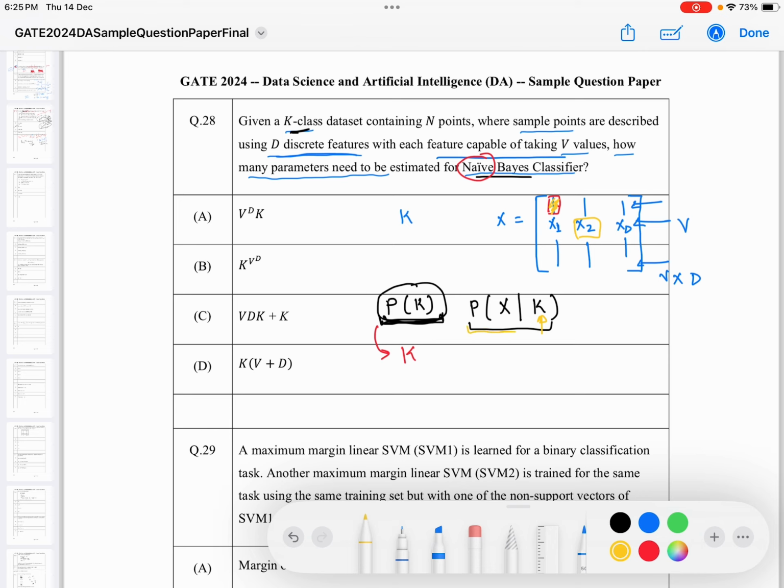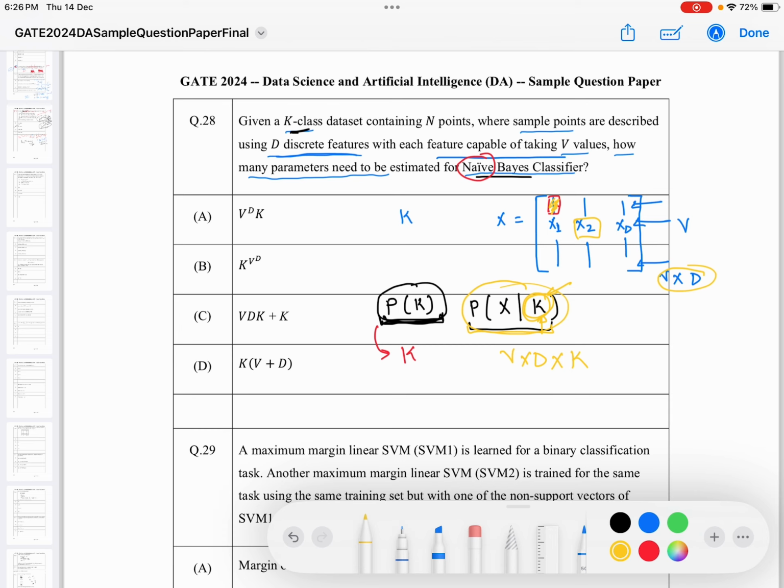So we need to calculate this under the conditional independence assumption. How many probabilities do we need to calculate? We have v into d elements, and for each element we calculate the probability under each condition k, right?